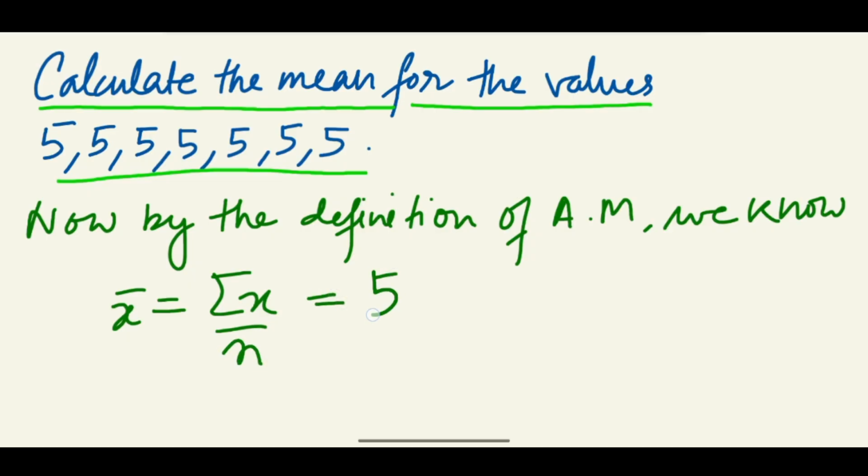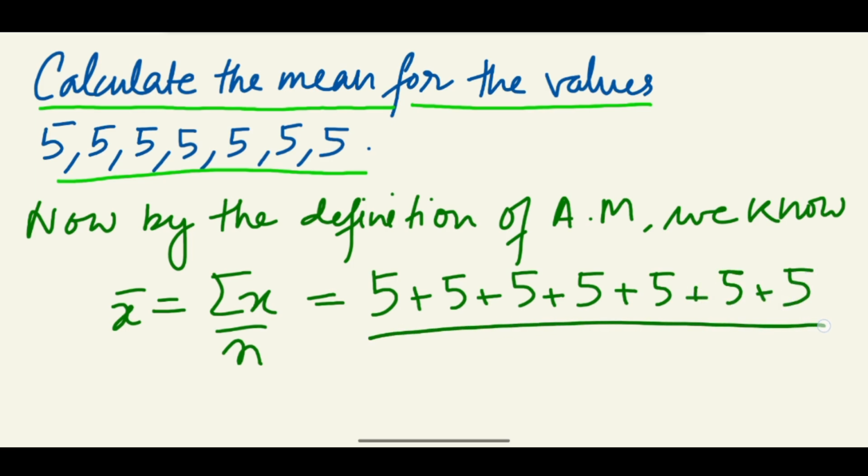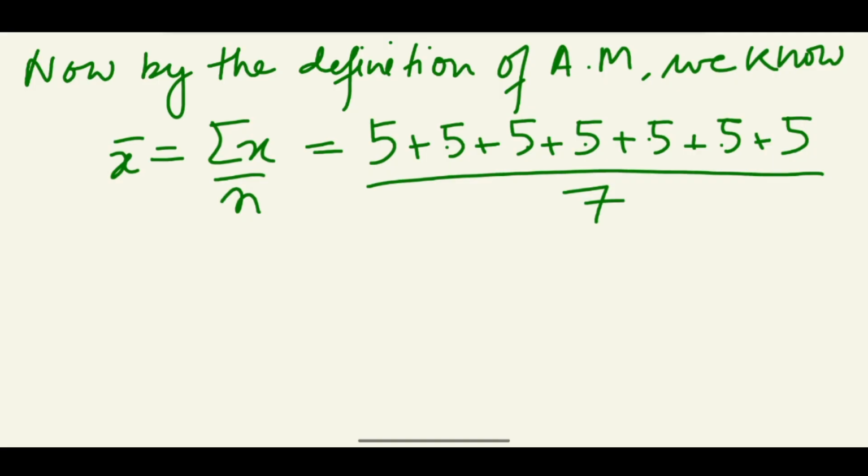In the numerator, which is summation x, we will write 7 fives. And in the denominator, which is n, we will write 7, as there are 7 fives.